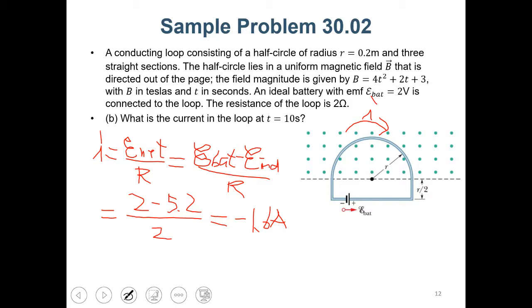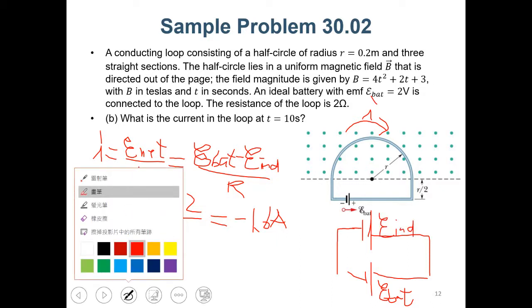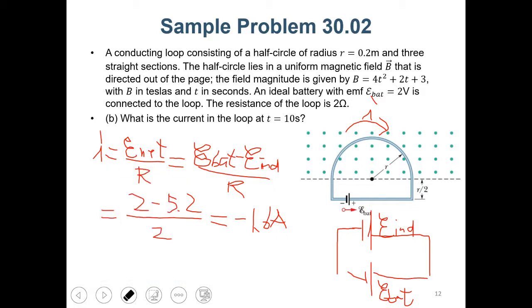You can consider an equivalent circuit like this, although it is not very accurate. It will be something like this. This is the E induced, and there should be a resistance.